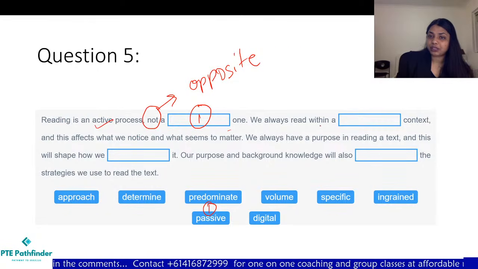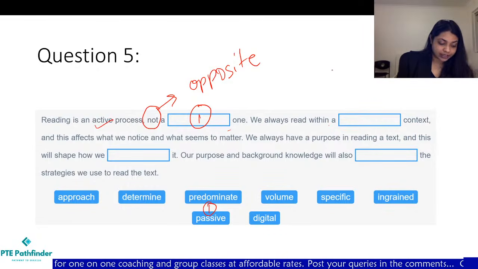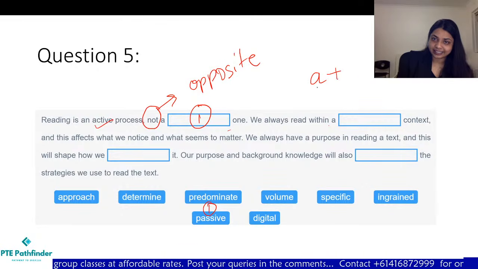We always read within a dash context. So again, the grammar rule applies in here. Which is an article. Then we have a blank, and then we have context, that is a noun, right? So we again need an adjective in this case.